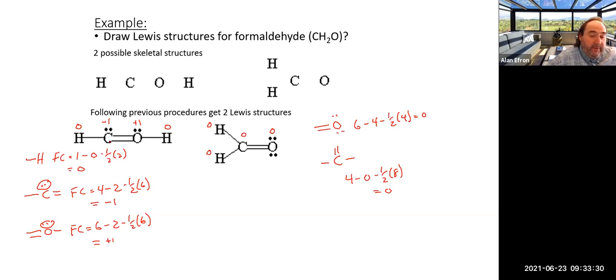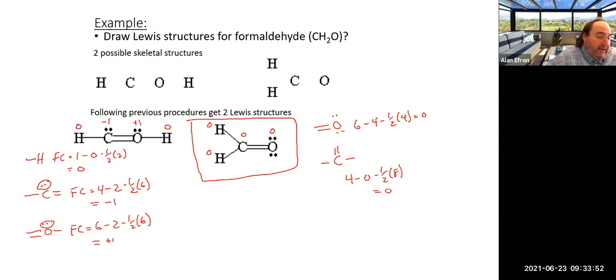Now, you could have perfectly drawn both of these structures, and sometimes people ask, well, why can't I attach the hydrogen to the oxygen? Well, in this case, the structure on the right would definitely be the better structure. It's pretty much zeroed out everywhere. We've minimized formal charge on everybody here.